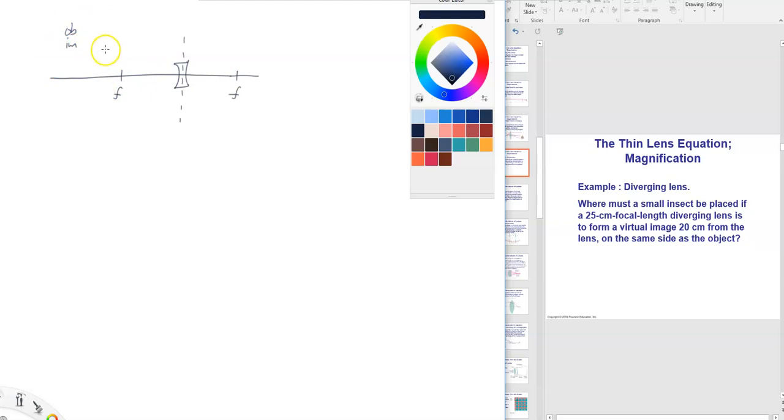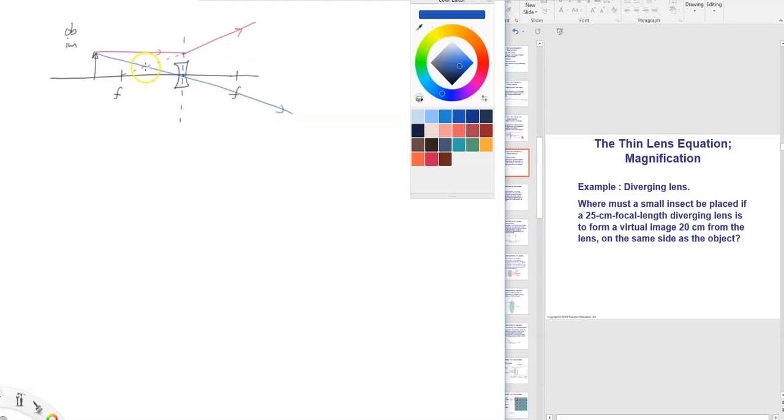So in general, what kind of images does this thing make? Let's say you place an object here. Light goes in, diverges such that it's coming from this F. That's one. And the second one, light that goes through the center doesn't change direction, it continues.